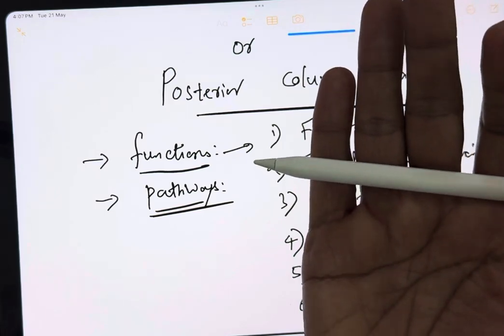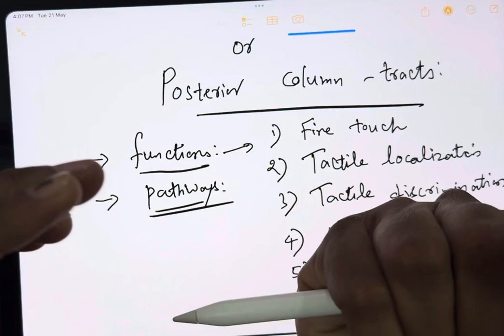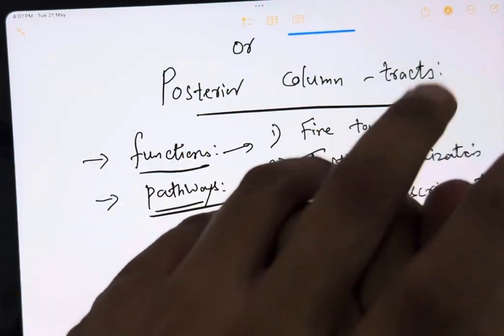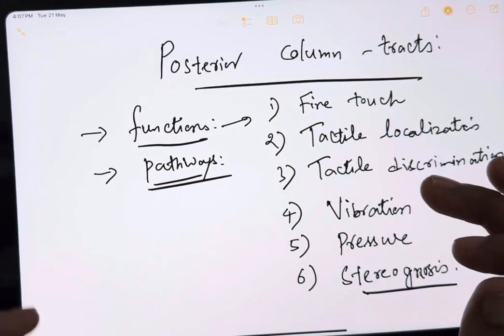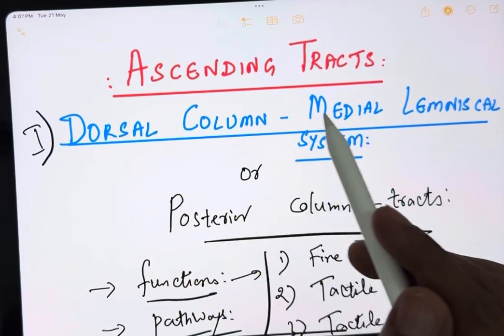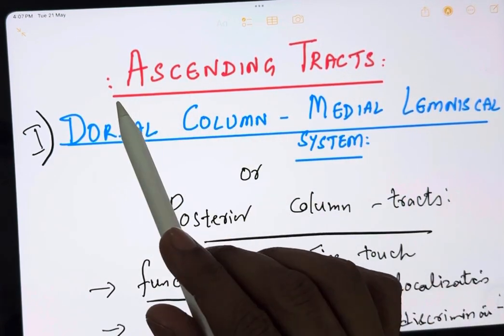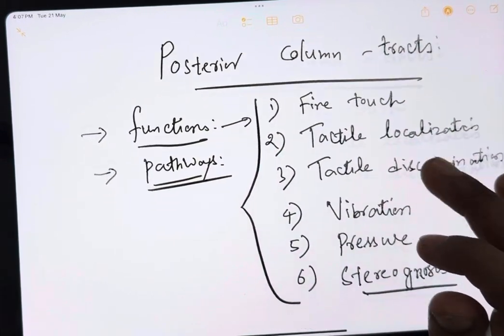Suppose I keep my eyes closed and this pencil is given to me. If I am able to recognize that this is a pencil by its form and shape with my eyes closed, this phenomenon is known as stereognosis. All these sensations are carried through the posterior column tracts, or the dorsal column medial lemniscal system, which is an ascending tract, ascending from the spinal cord to the brain.